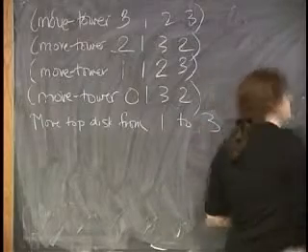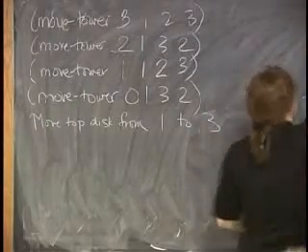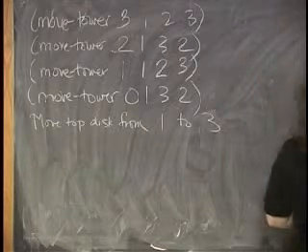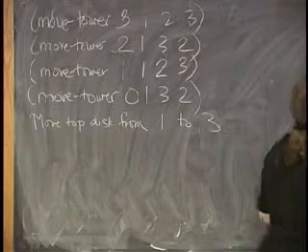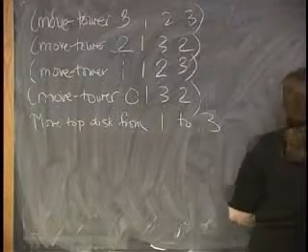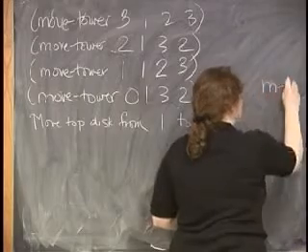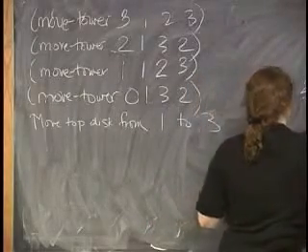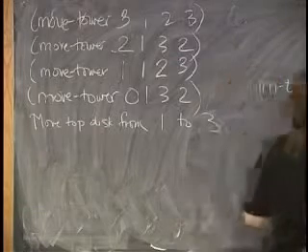Let's try to do this a different way. Let's say we're moving a tower. 3, 1, 2, 3. Let's do it this way. We're going to do a move tower on 2, 1, 3, 2.